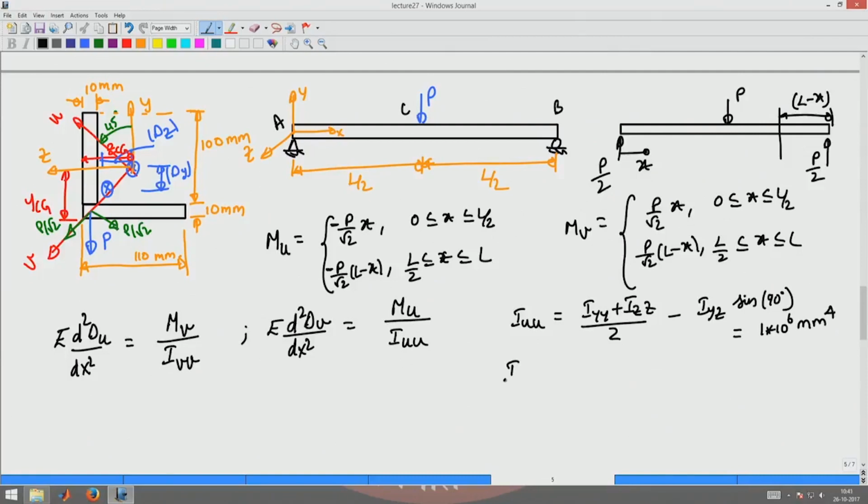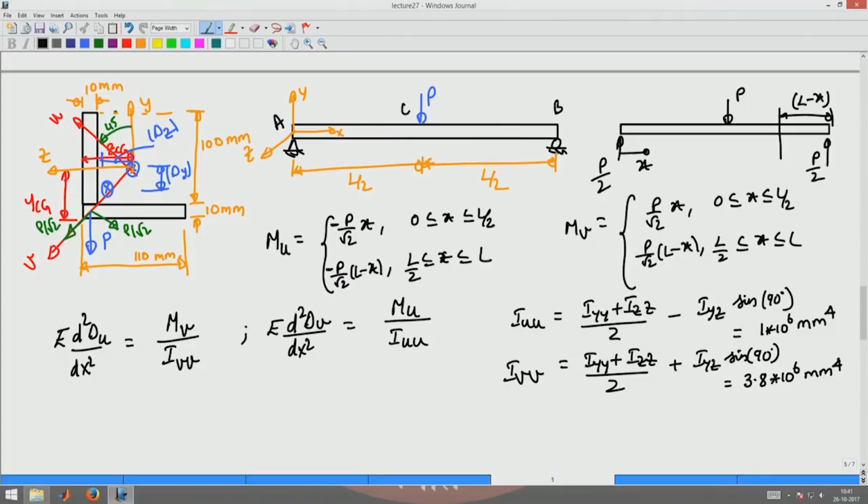Similarly, IVV is given by (IYY plus IZZ)/2 plus IYZ into sine 90 degrees. So this will be 3.8 into 10 power 6 millimeter power 4. Now I have to repeat the steps that I did for integrating the moments, similar to the previous case, and find delta u and delta v.